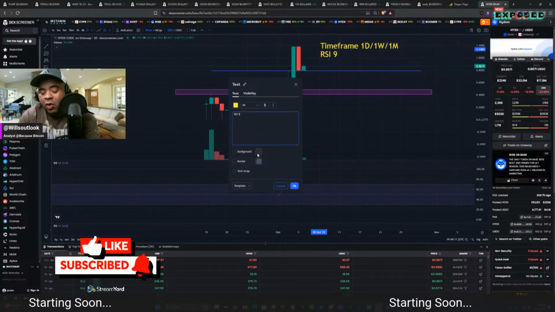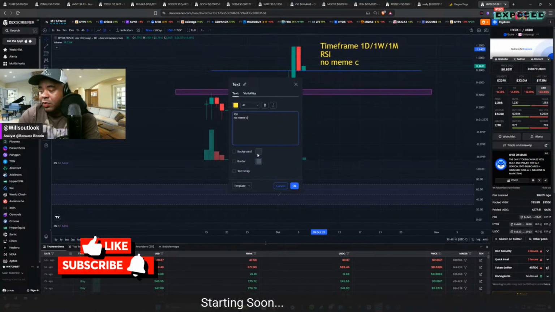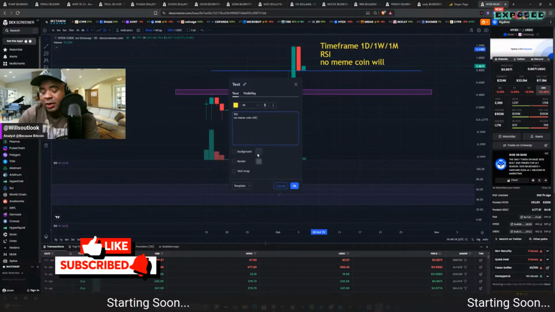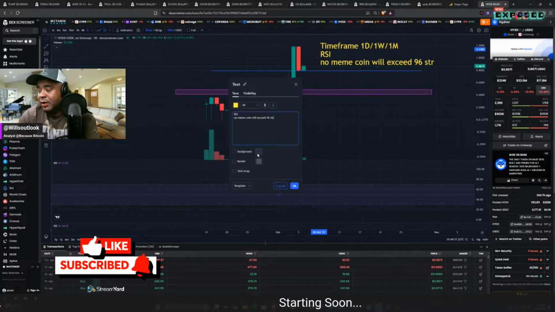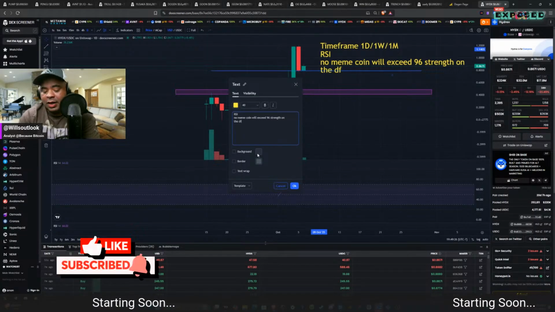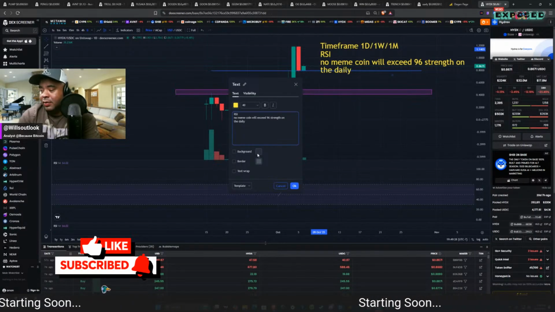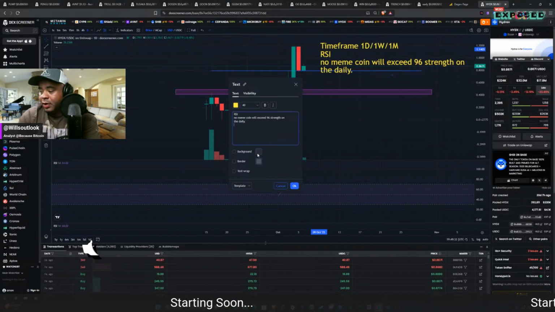Typically, no. So we're going to set rules here. No meme coin will exceed 96 strength on the daily. So I'm setting a rule, right? I'm setting a rule.